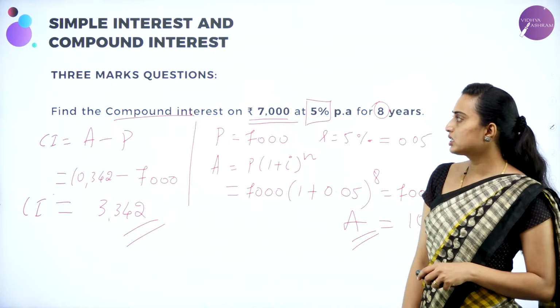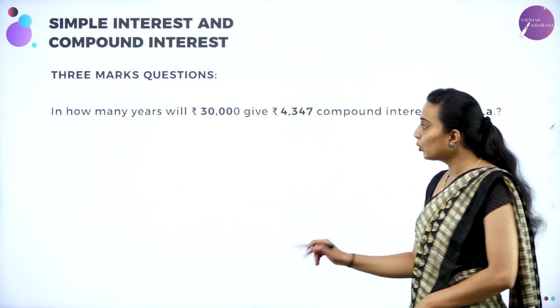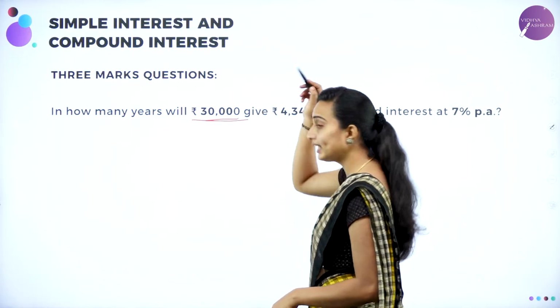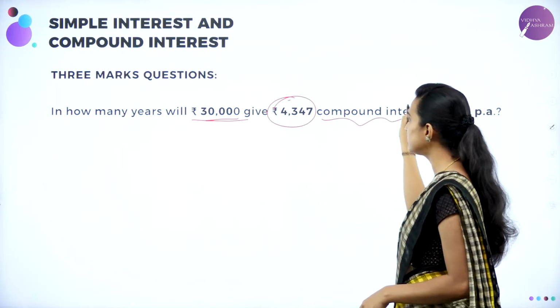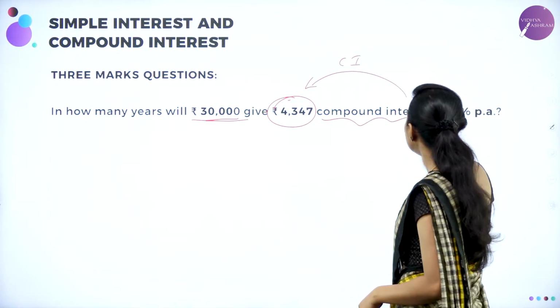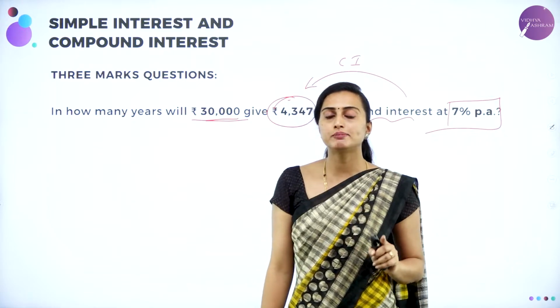Okay, we'll move on to the next question of the 3 marker. In how many years will rupees 30,000 give 4,347 compound interest, that is CI, at 7% per annum? We need to calculate how many years, that means n.